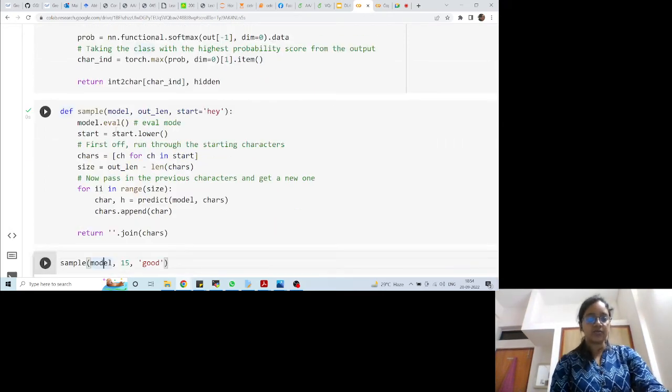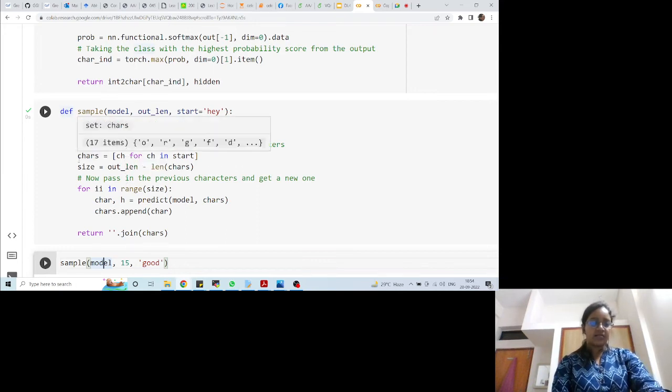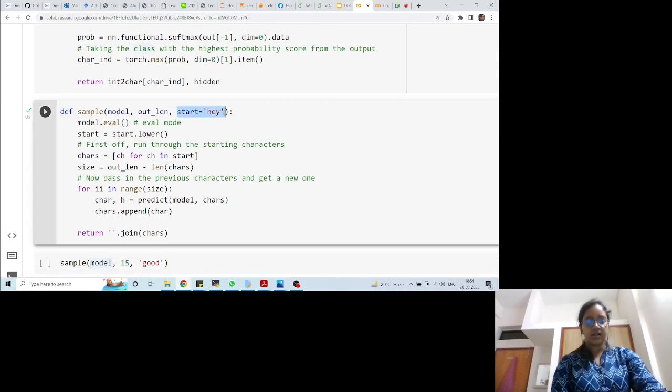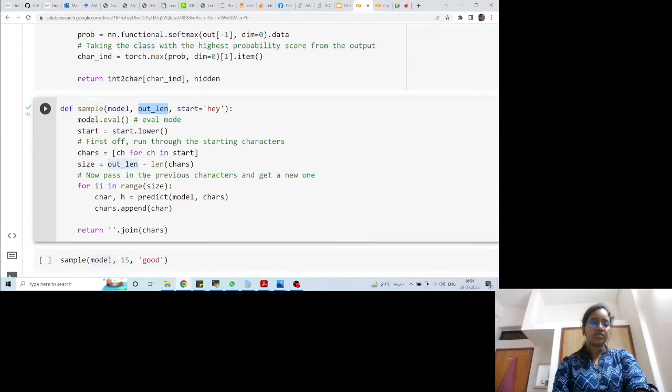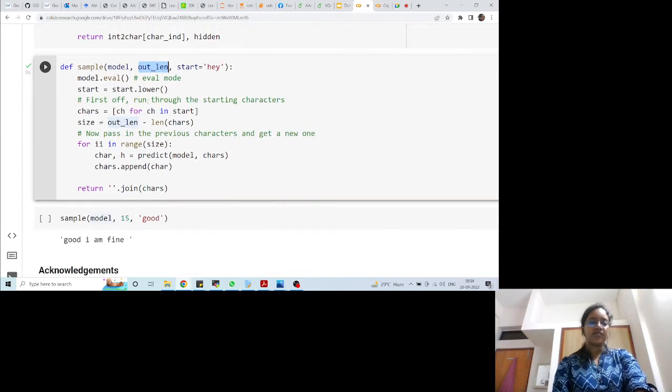Sampling means that they have started with some starting string like "hey", and the target is to predict characters for a given length. So this predict function and sample function are doing that.